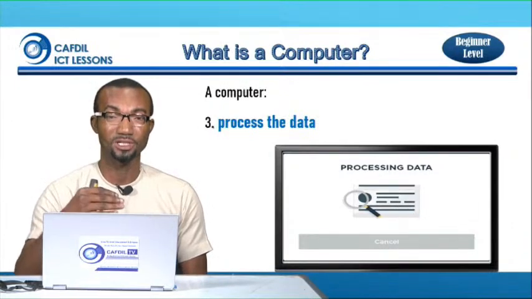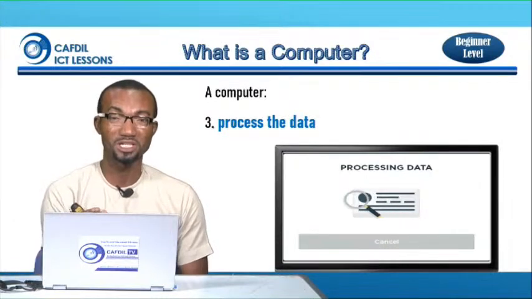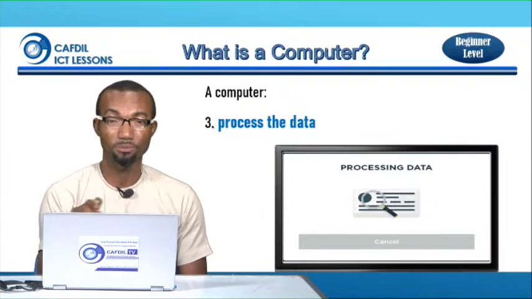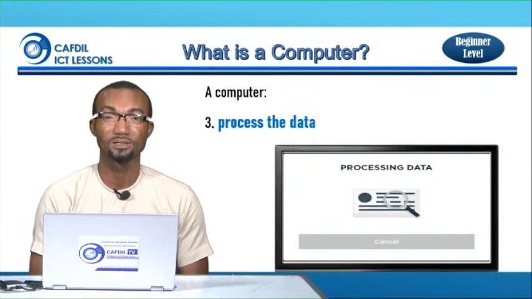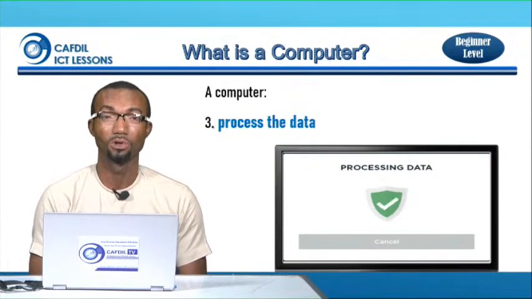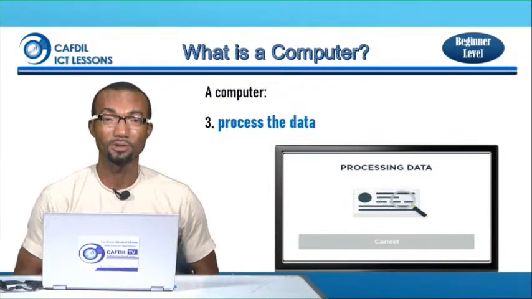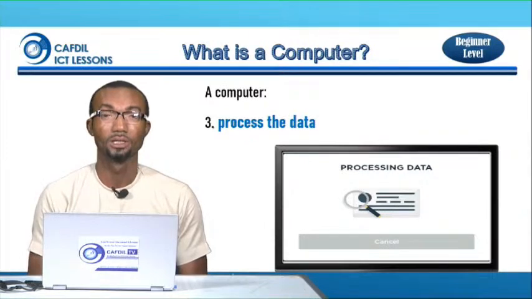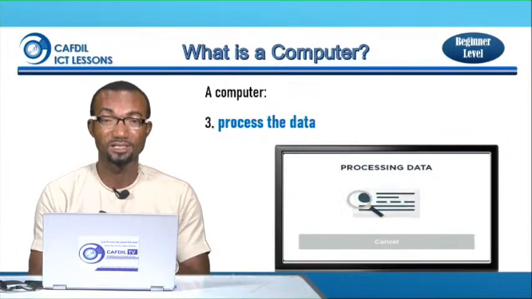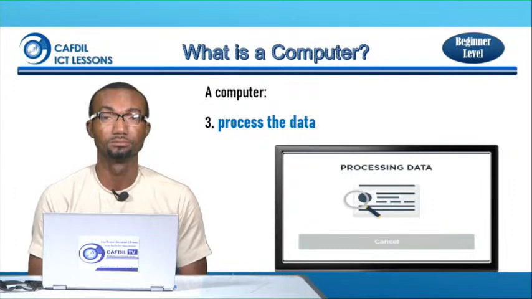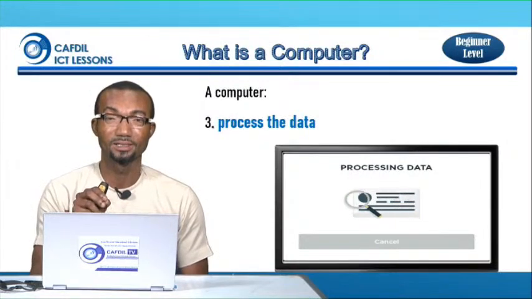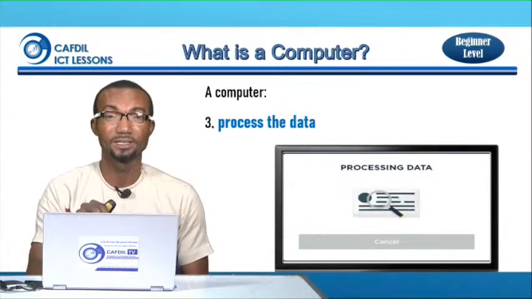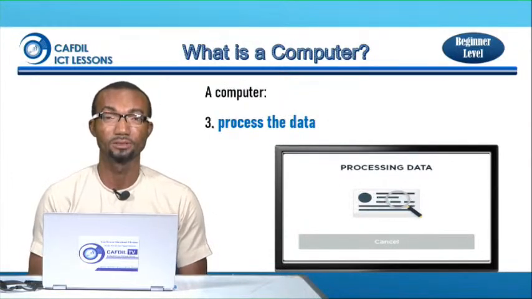But because a calculator is so fast in processing, immediately you press equal to, it gives you the answer, but processing must go on before you get your results. So after feeding data into the computer system, the computer must process the data. So that is another function of the computer.